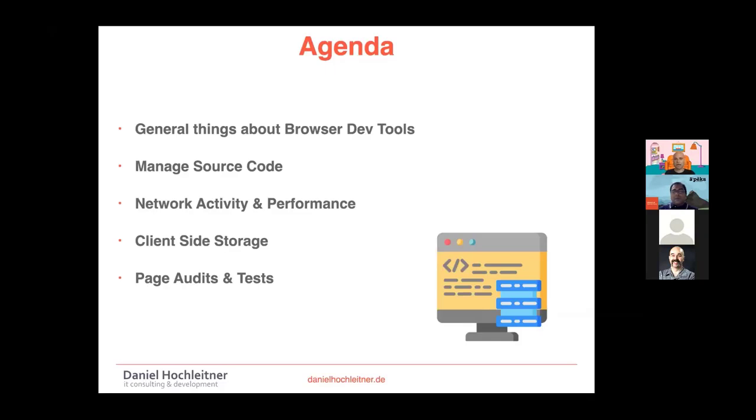Then how to have a look at and manage client-side storage, so cookies, local storage, session storage, for example. The last would be to run some audits and tests. All major browsers have some auditing tools built in. So this would be the last part, and if time allows, I'm just showing how to remotely debug mobile devices, iOS or Android devices, for example.